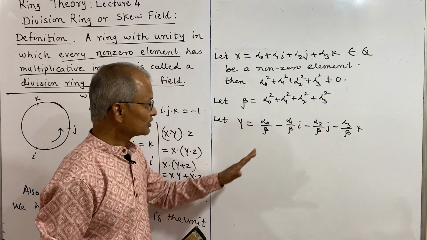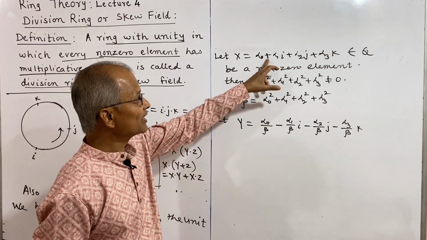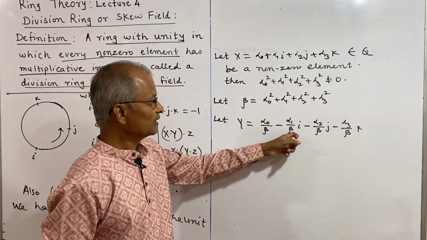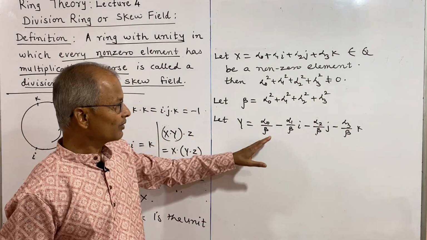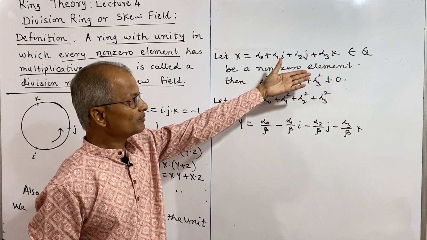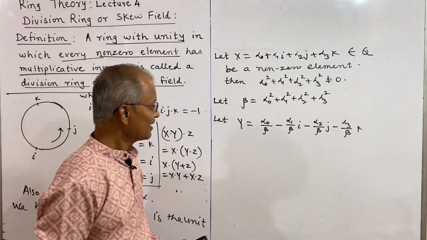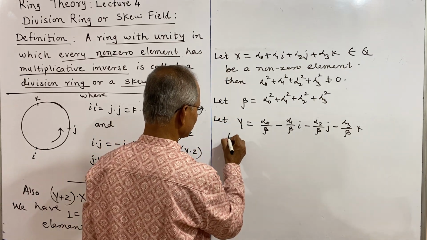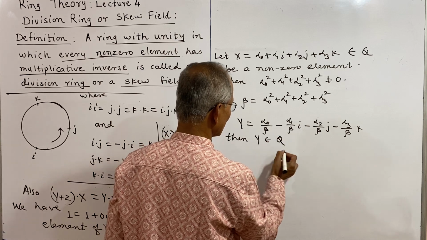The first is positive and the rest are negative. See, this belongs to Q. Again it is of the same type, with four components: a real part and three imaginary parts i, j, k, and therefore it is a number in the set of real quaternions. So y belongs to Q.